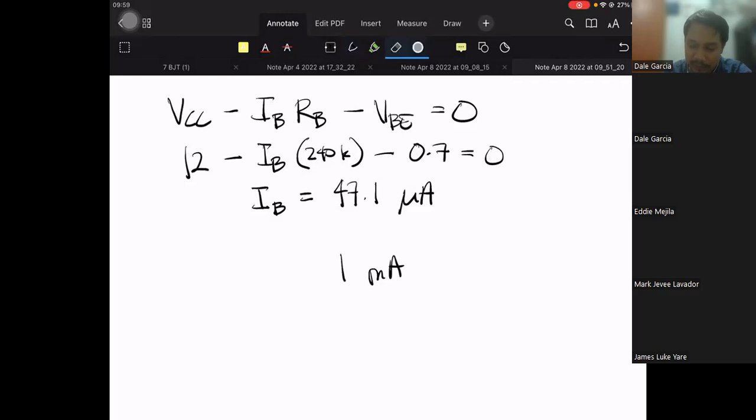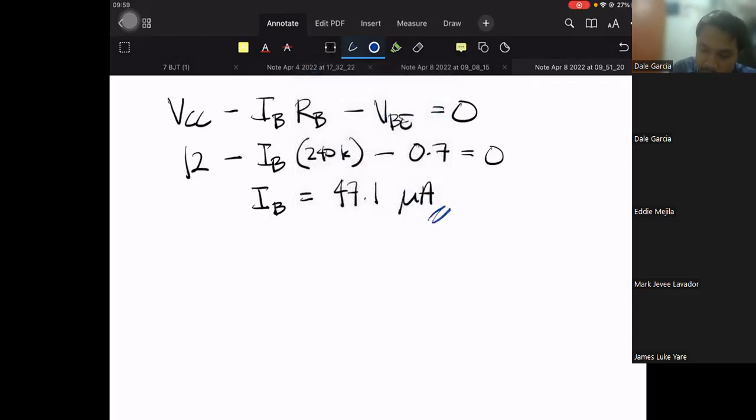It's not common. Maybe the transistor is in saturation, but it's time to doubt our answer if IB is in milliamperes with one digit. It is common for IB to be in the two-digit microampere range. So okay, this is IB.